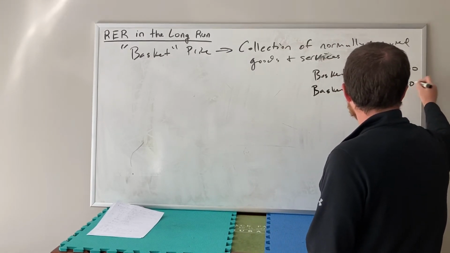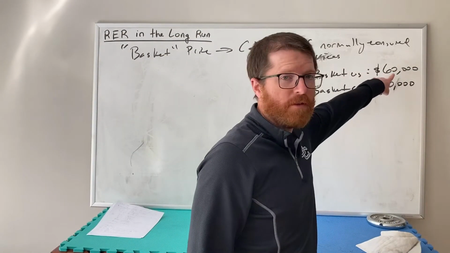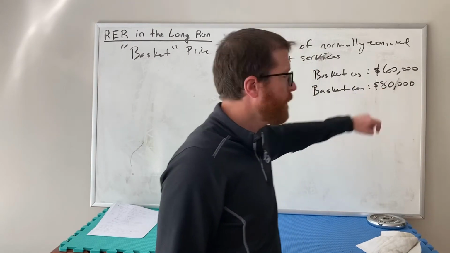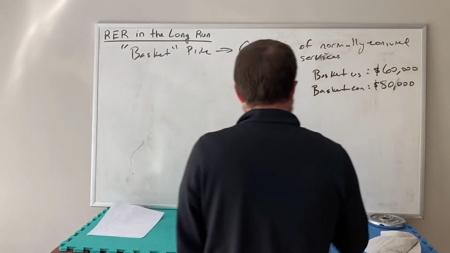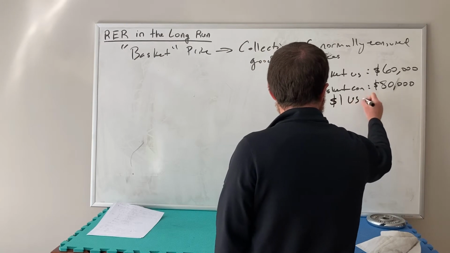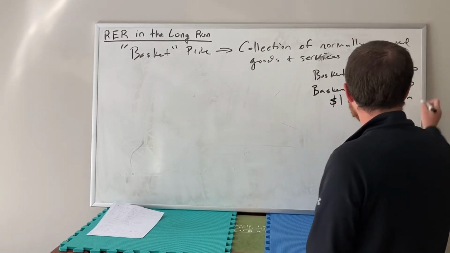Keep in mind now, we're comparing dollars to dollars, but in this case for the U.S., this is U.S. dollars. In this case for Canada, this is Canadian dollars, all right? And then we also would need to know the nominal exchange rate, and let's just say the nominal exchange rate is $1 US equals $1.4 in Canada.